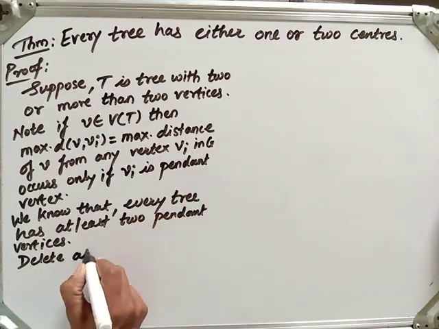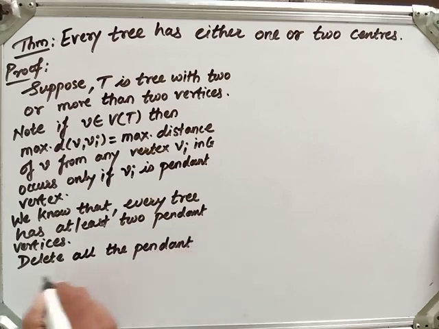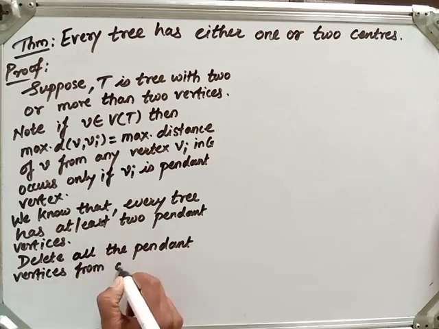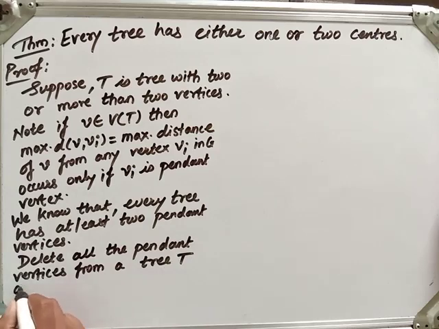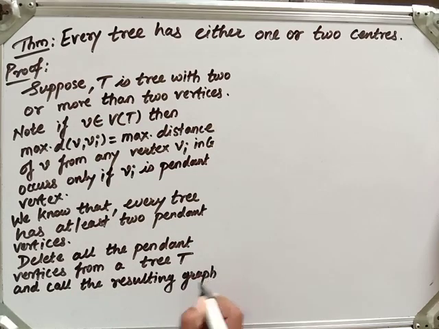So let me delete all the pendant vertices from the tree T. The resulting graph, which is also a tree, I name T1.